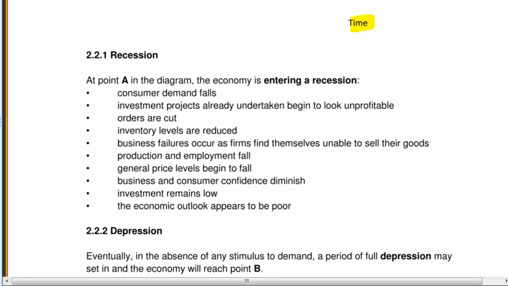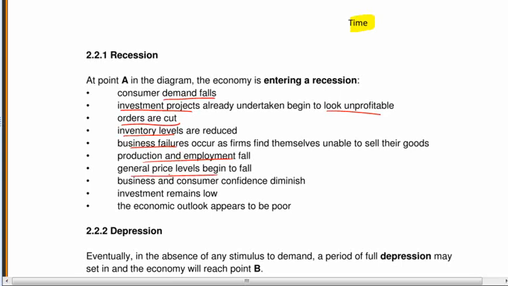What happens in a recession? Well, consumer demand falls. We all buy less. And therefore, investment projects, which have already been undertaken because investment takes a long time, begin to look unprofitable. Orders are cut. Firms cut back on their inventory levels. Businesses start to fail. Employment starts to fall or unemployment starts to rise.